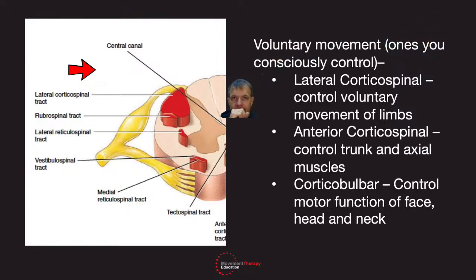So on the motor side, and again, obviously we've got the sensory pathways going up, they've just been omitted from this side of the picture. Remember, we were mainly interested in this lateral corticospinal tract, and that is because this controls the voluntary movement of limbs. So when we're doing myotome testing, so if we're testing muscle strength, then that's what we're analysing.